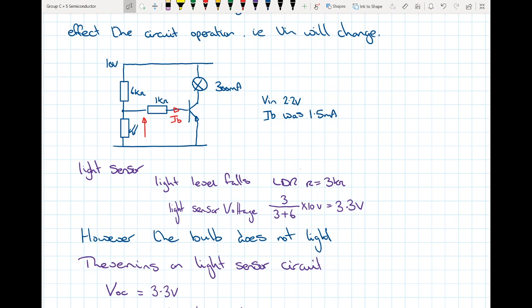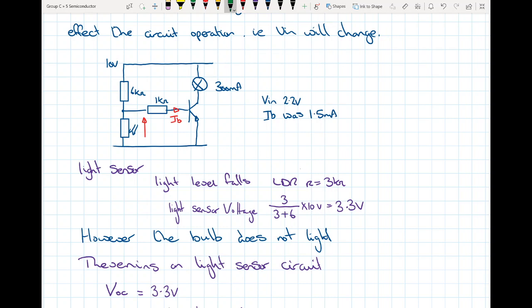So let's just summarize. We've built our transistor circuit and everything seemed to be all right. We needed a Vin of 2.2 volts to get our current flowing through our lamp. We built our light sensor, and everything else on the light sensor circuit seemed okay for the particular lighting condition that we wanted. We've got 3.3 volts out of it, but then when we connected the two subsystems together, unfortunately we had an interface issue.